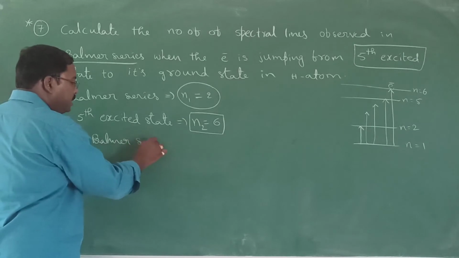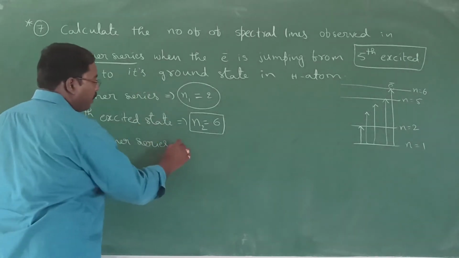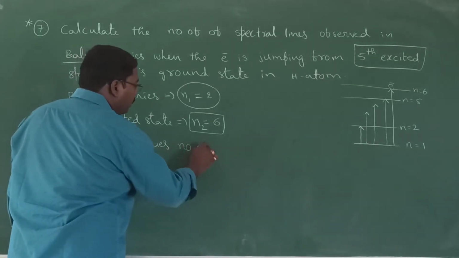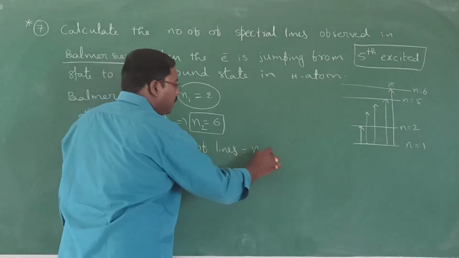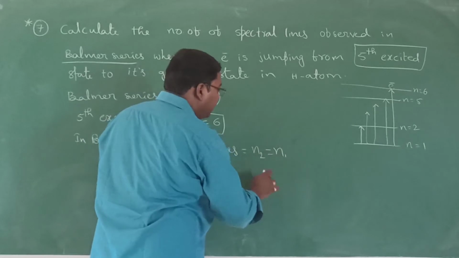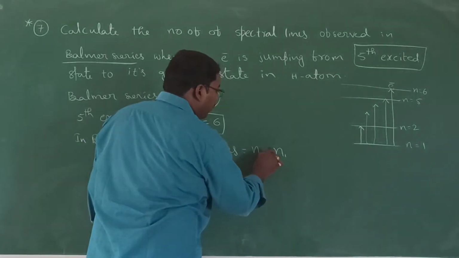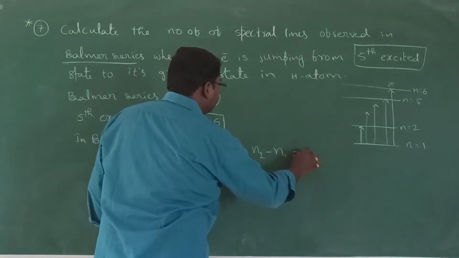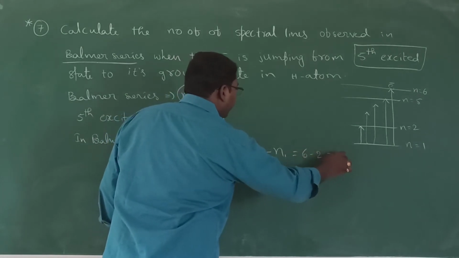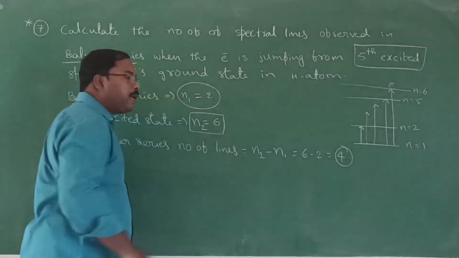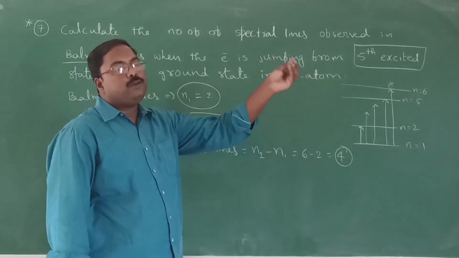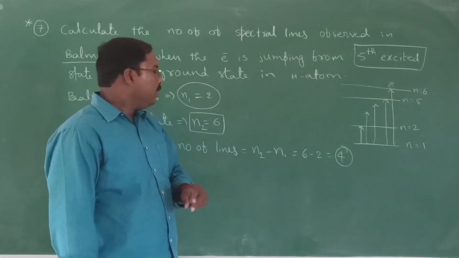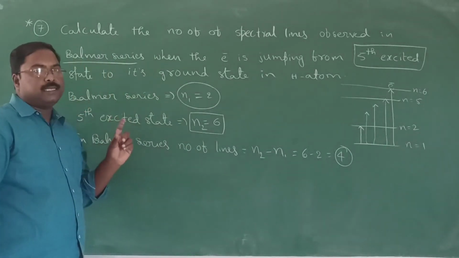In Balmer series, the number of spectral lines is n2 minus n1, so 6 minus 2. So we find 4 spectral lines, when the electron is jumping from the 6th orbit to the 1st orbit in the Balmer series.